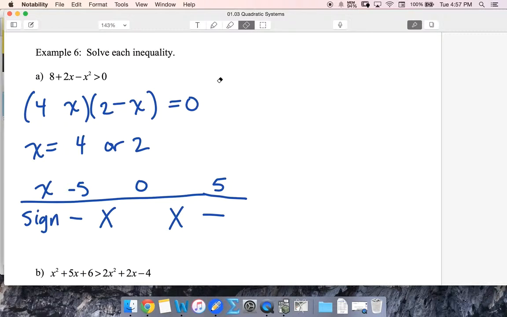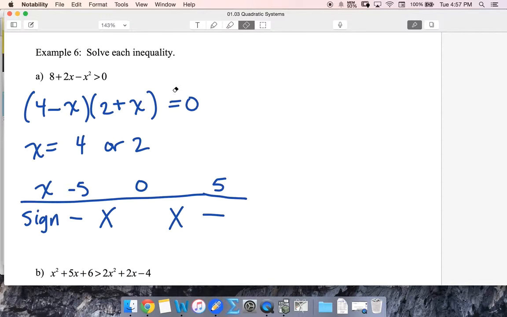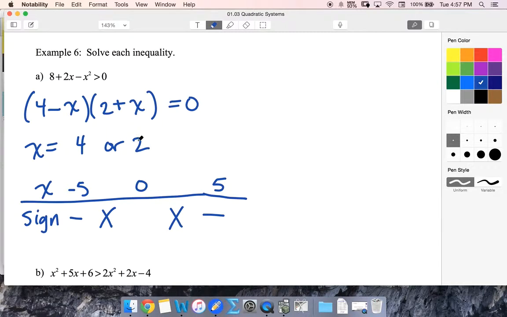All right, so we should have had 4 minus x times 2 plus x, so positive 4, and negative 2. So negative 2, positive 4. These still work though.